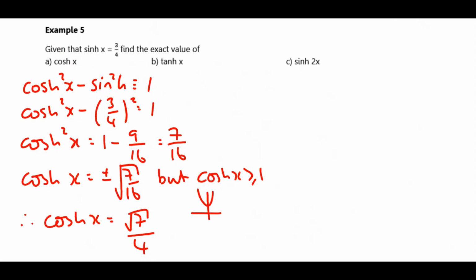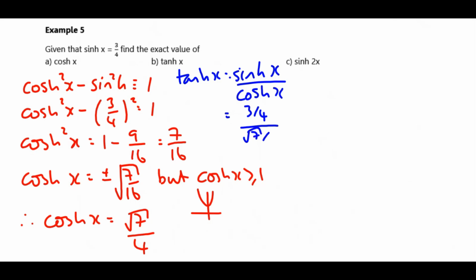For tan then, well, we know tanh x is sinh x over cosh x. Sinh x is 3 over 4. Cosh x we said is root 7 over 4. So you get 3 over root 7 for this one, or 3 root 7 over 7.